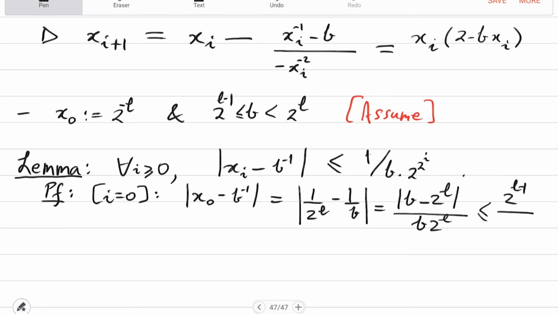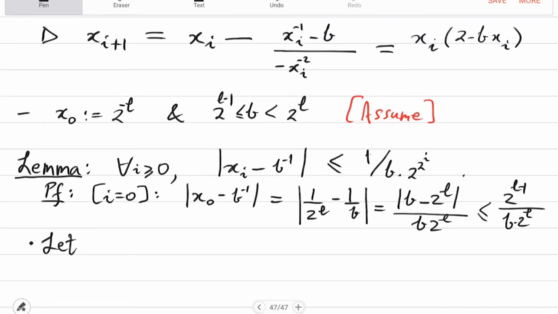And b is at least 2 raised to L minus 1. Or maybe, wait, let's rewrite it. Yes. So you get 1 over 2b. That is i equal to 0 case.